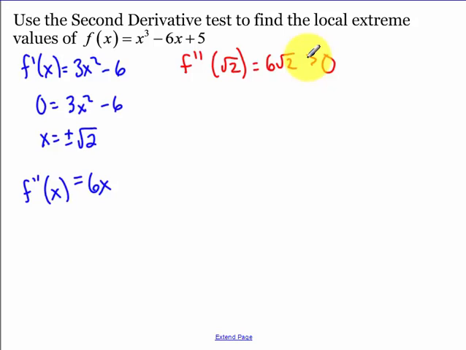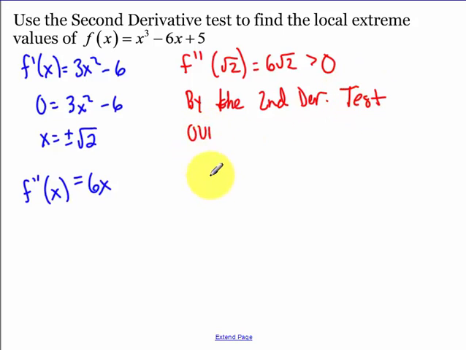So I'm concave up. By the second derivative test we have a max. I'm sorry, there's a min because I'm concave up.